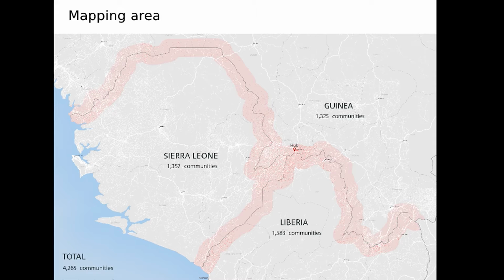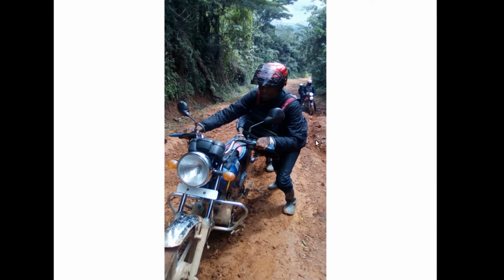Liberia and Guinea had similar amounts that we didn't have good data on, and then we also knew that there were several hundred more. We've actually, in the last 8 months, with the help of remote mappers like Mapathon volunteers and people on the ground, managed to map 3 times that number of communities, near enough.